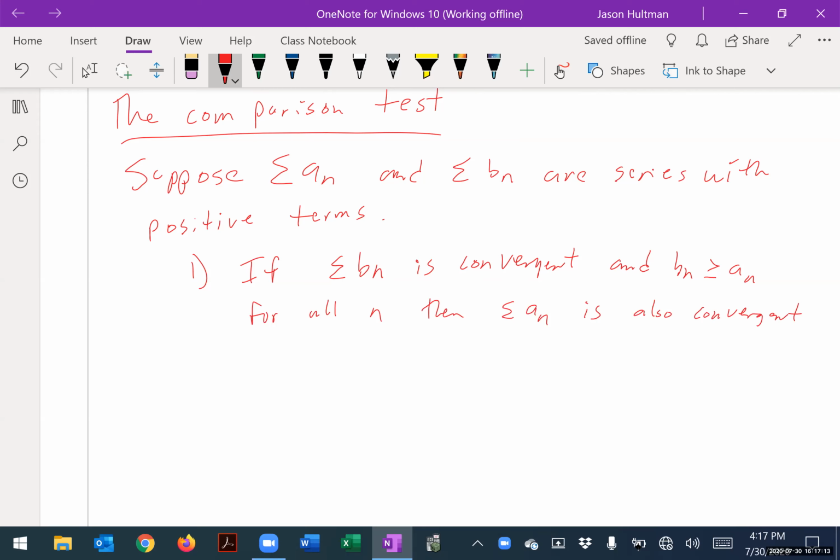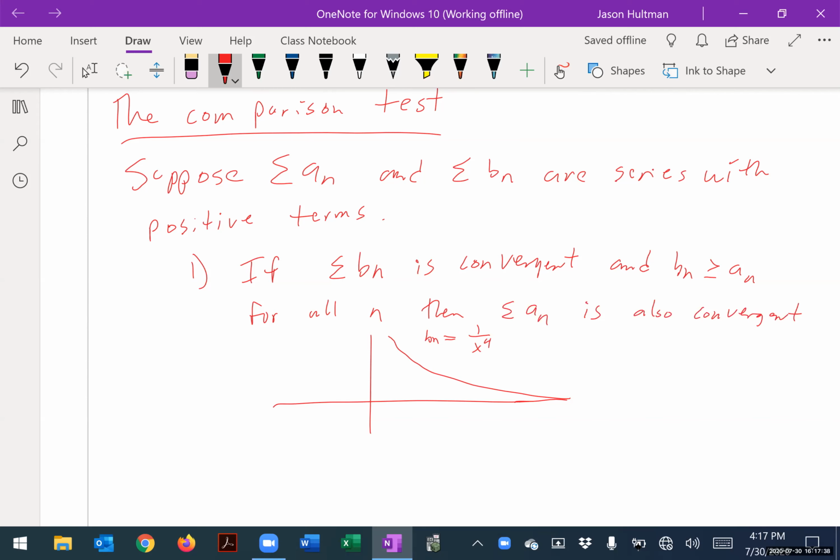Good picture here. We're saying that the summation of B sub n is convergent. So let's say that B sub n is equal to 1 over n to the 4th power, a P series that is convergent.